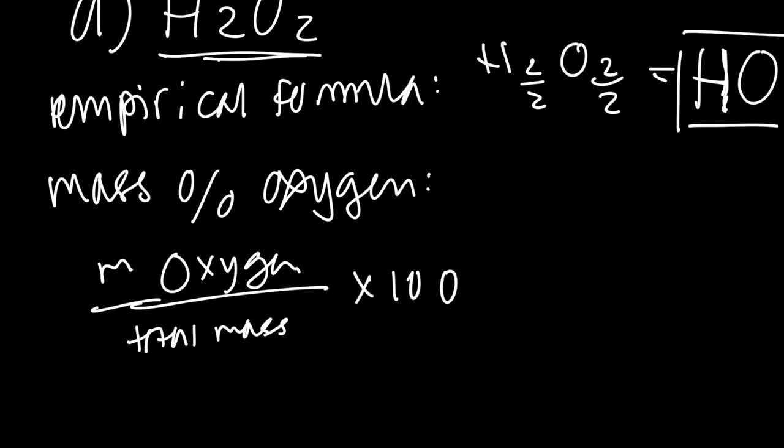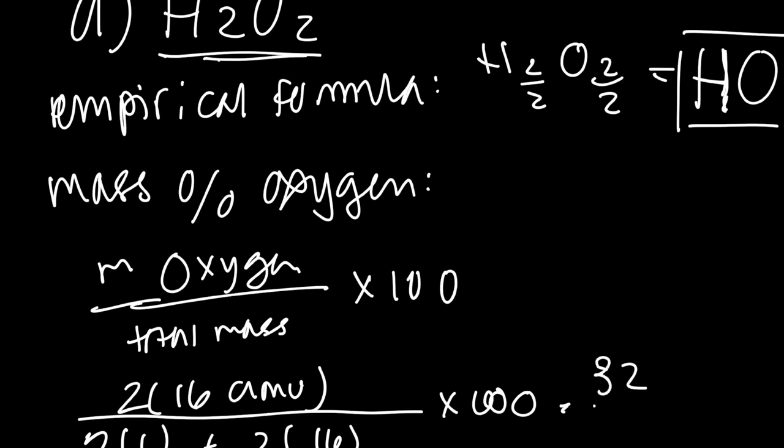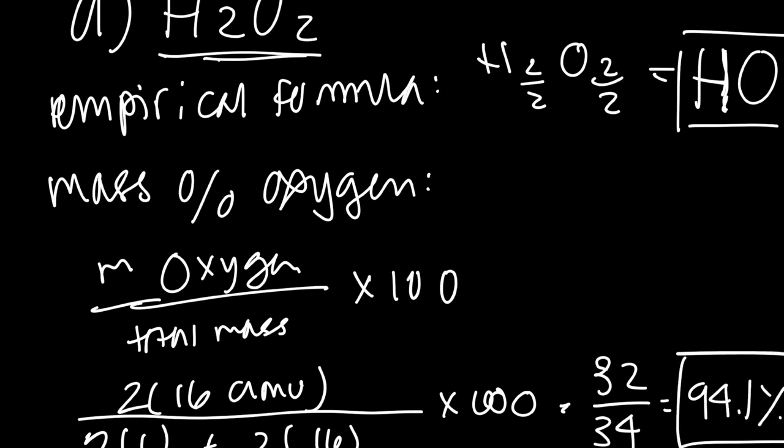This time we have 2 oxygen atoms, so it's 2 atoms times 16 AMU over the total of 2 hydrogen atoms at 1 AMU plus 2 oxygen atoms at 16 AMU, times 100. That's going to give you 32 over 34, and that's 94.1%. And so that is our mass percent of oxygen.